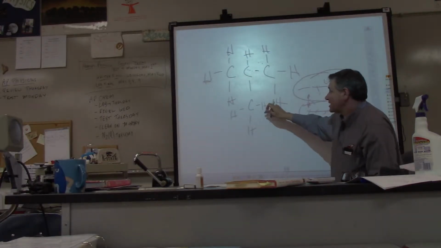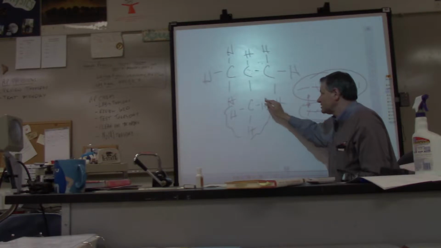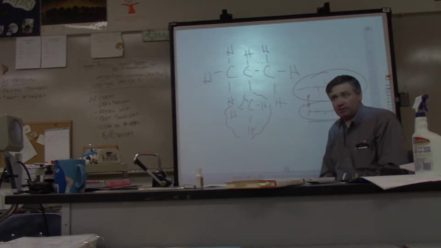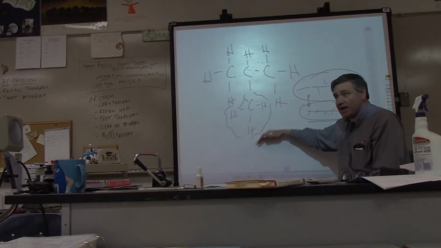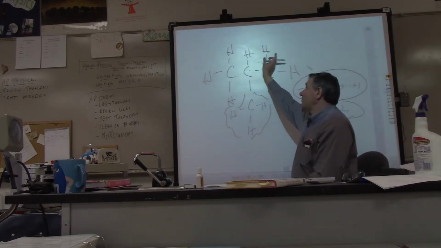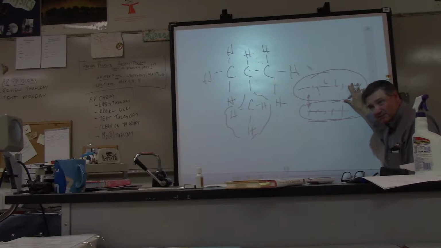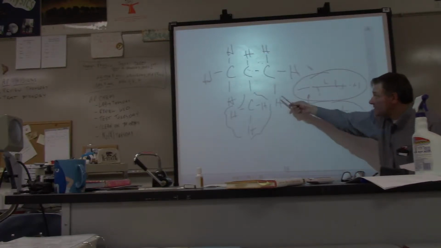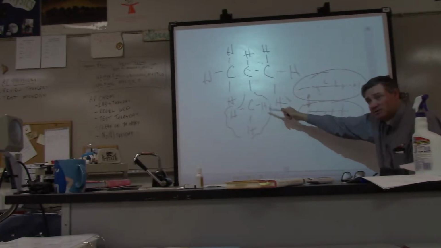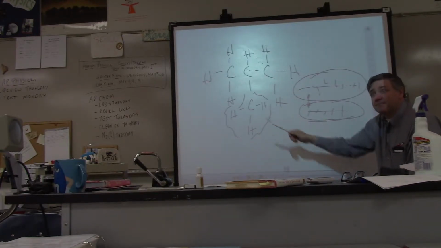Whereas with this one, because it has this huge monstrosity sticking out over here, even on this side that's linear, it isn't as long a chain as this is, so you don't have as much surface area in contact. So this one, just based upon its shape, should have a lower boiling point.